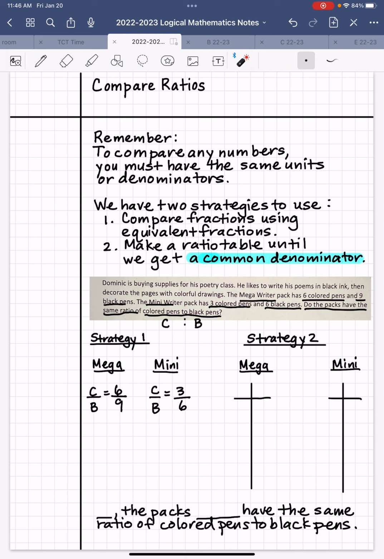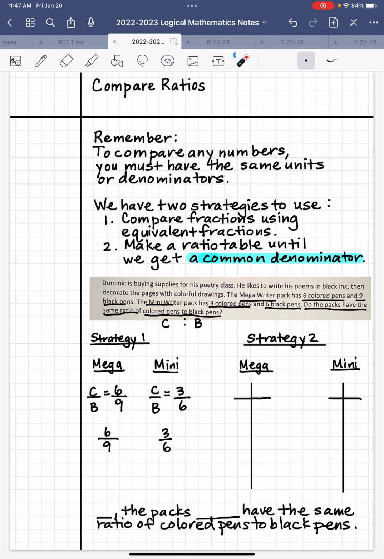All right. Now, in order to compare any numbers, we have to have the same denominators. Do these ratios have the same denominator? No. But we can make them have the same denominator by using equivalent fractions. So I'm going to write 6/9 underneath Mega and 3/6 underneath Mini. And I can multiply both the numerator and denominator by the same number to make an equivalent fraction.